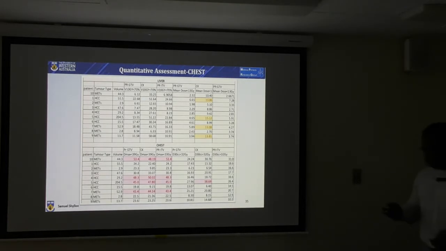Now for the liver, we see that the CyberKnife violated the optimal, not the mandatory, but the optimal limit for patients 1, 5, 7, and 9. Patients 1, 5, 7, and 9 represented the largest tumor volumes, and patient 9 had 3 tumor volumes.